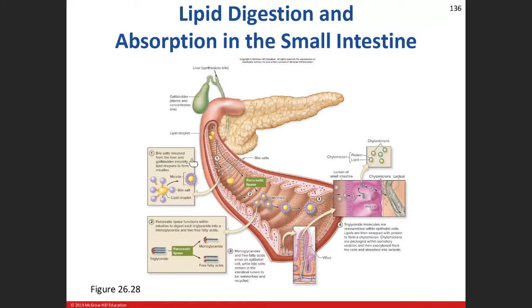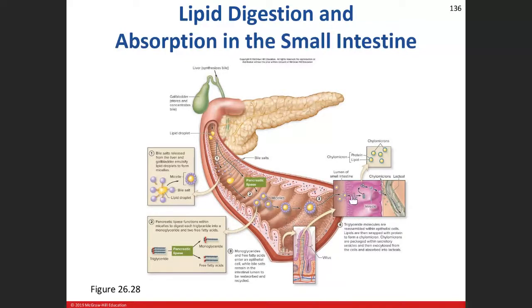So that's what we're seeing here. Our fatty droplets come in and undergo the emulsification process. We break them down into smaller lipid droplets, surrounded by these micelles, which makes them more appetizing, so to speak, to the pancreatic lipase. That helps to break them down into their smaller molecules of fatty acids, monoglycerides, and whatnot.